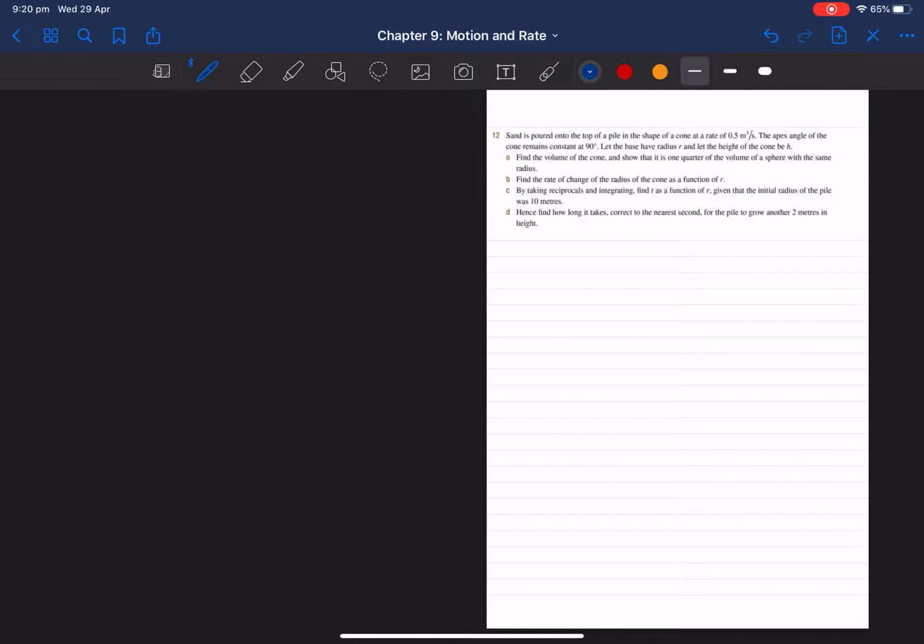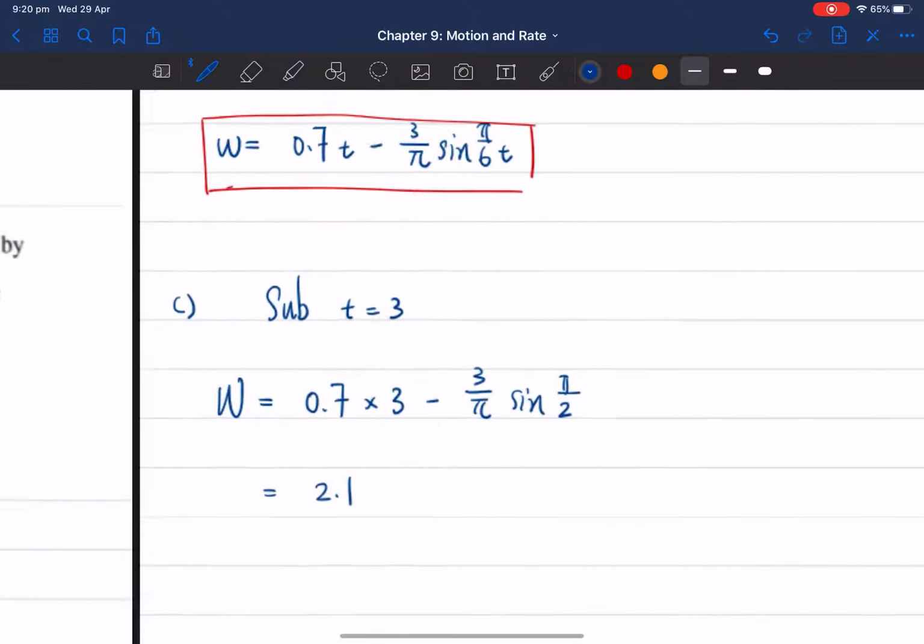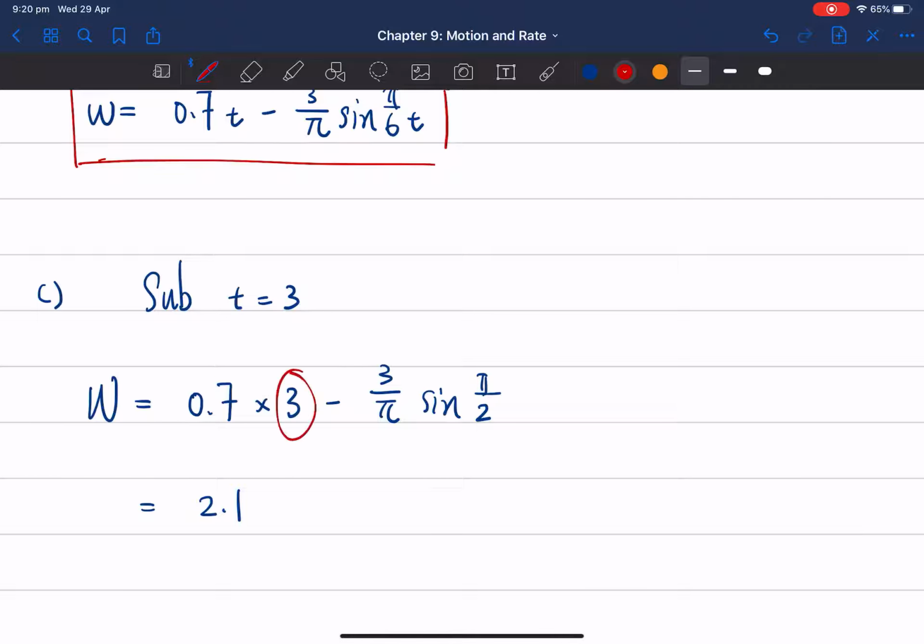So we can't substitute t equal to 3. That's an interesting one. I almost made another mistake here. The 3 is in terms of years, so we need to times it by 12. You can't just simply times by 3.